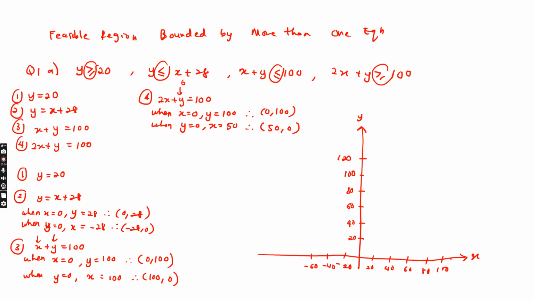So that means all of the four lines here are drawn using a solid line. No need to worry about using a dash line. All of them are solid. Now I will use one color. For the first equation, which is y equal to 20, the line will be like this, a straight line.